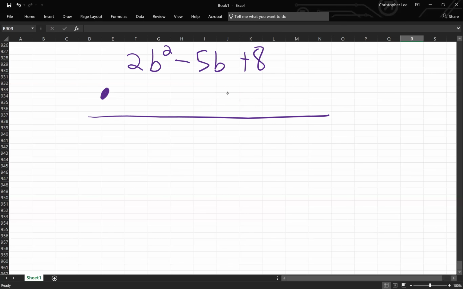Let me try that over. Okay. Start off with a 3. 3 times 8 is what? 24. And then 3 times negative 5b is what? Negative 15b.